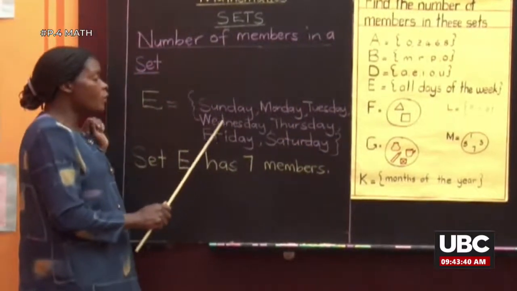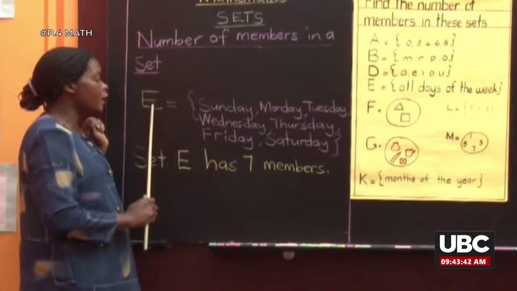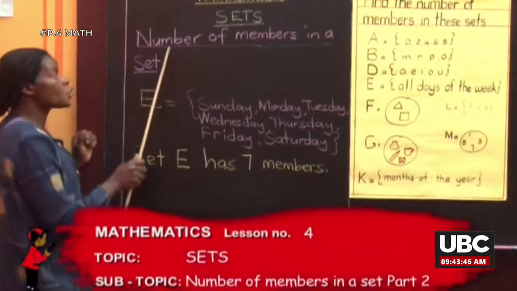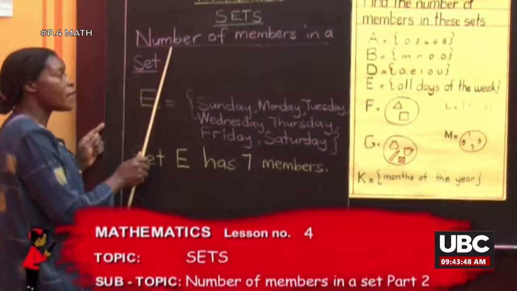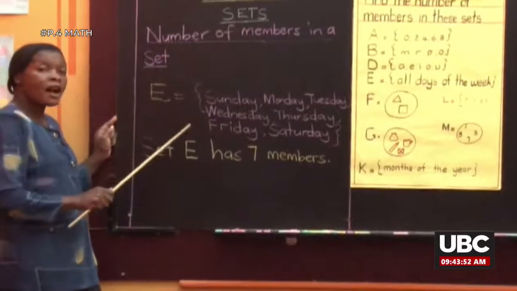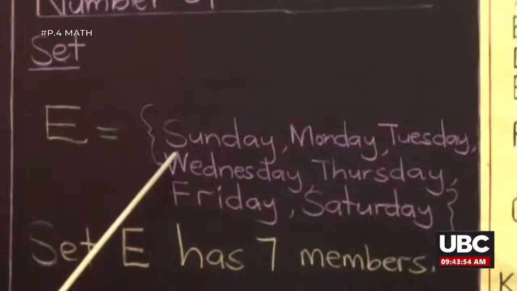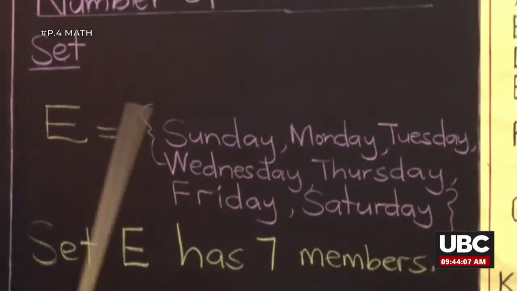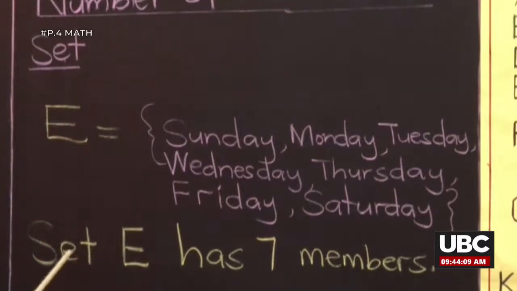We put them down here in our set E, and after counting them, since we are looking at the number of members, we saw that they are 7.